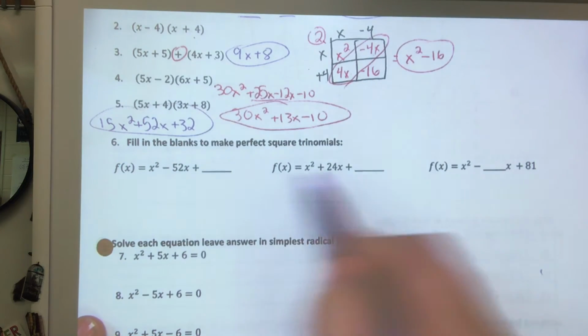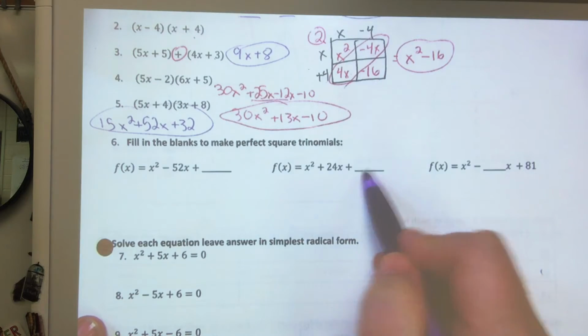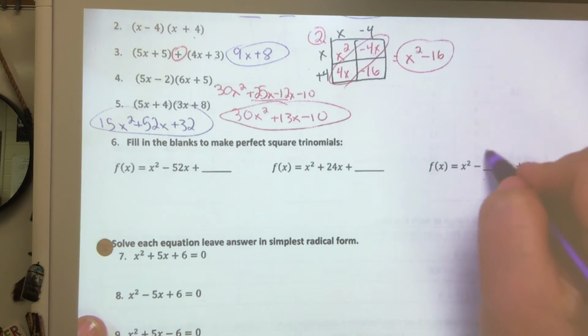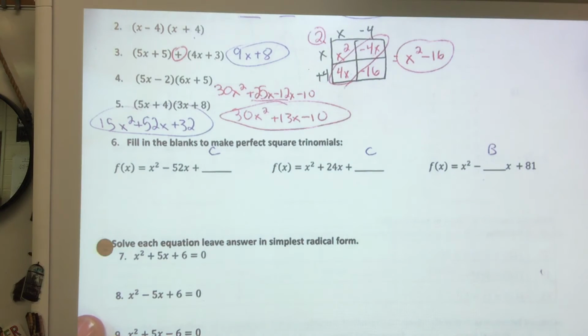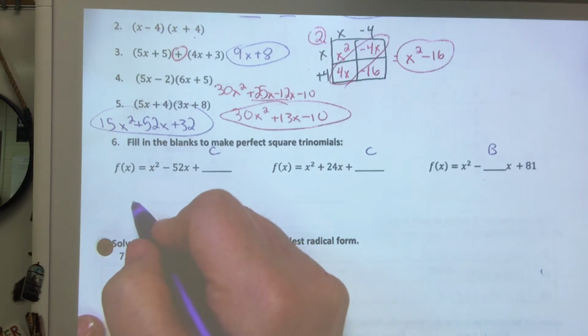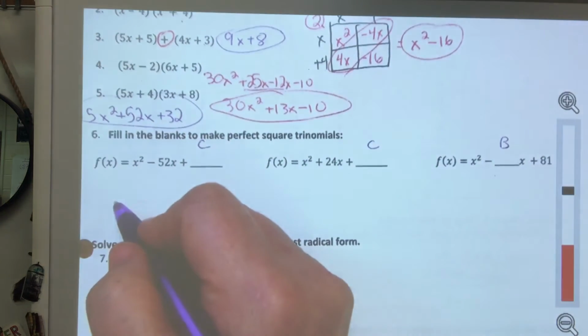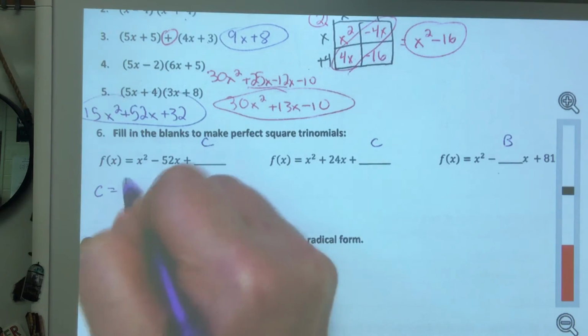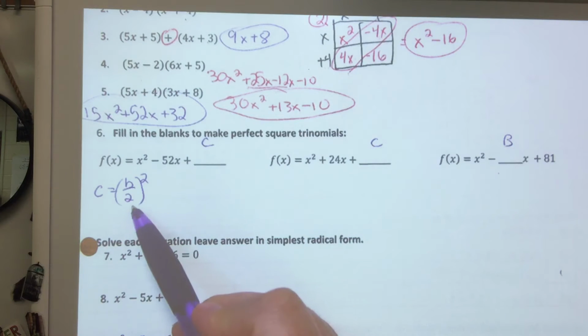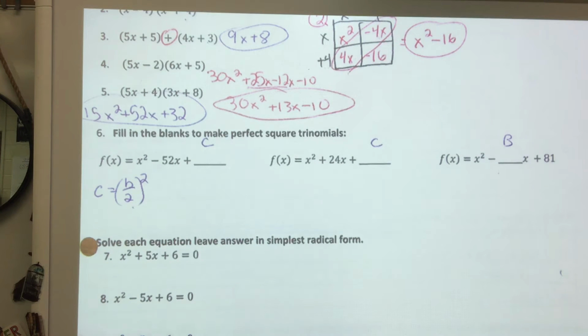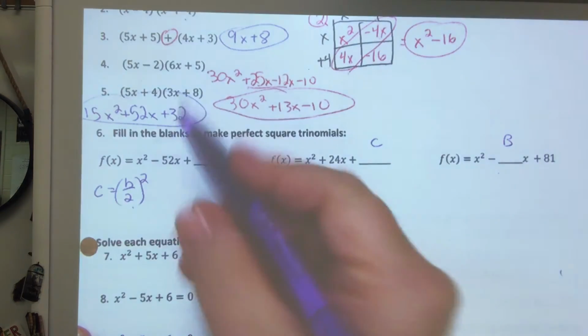you have 2 problems where you have to find C and 1 problem where you have to find B. So I'm going to label them. The way to do the first one, C equals B over 2 squared. We get this from our completing the square type of problems, which there are several of in this review.